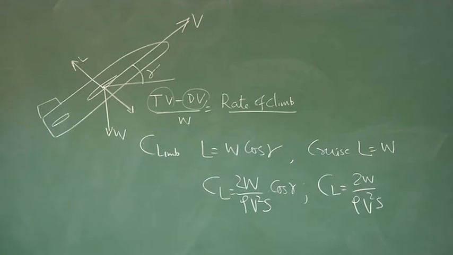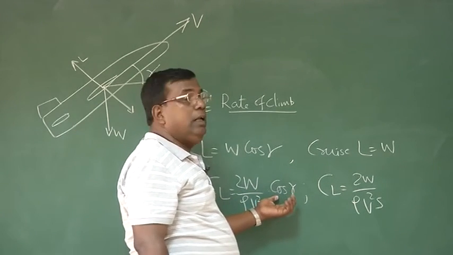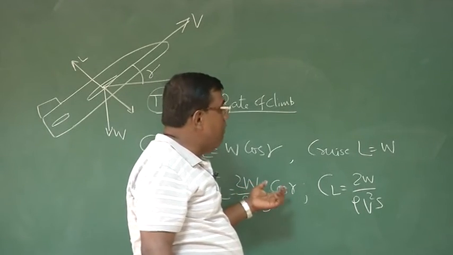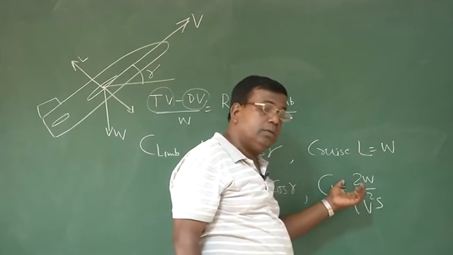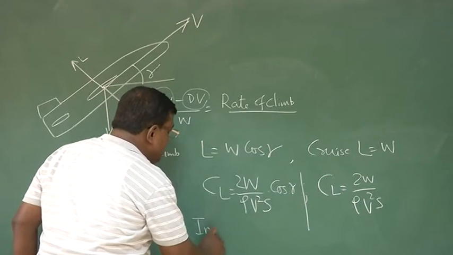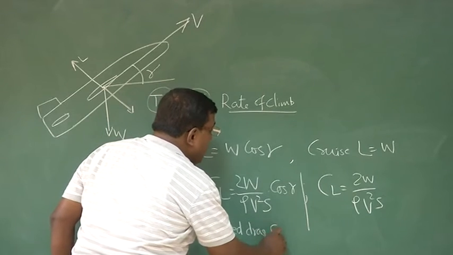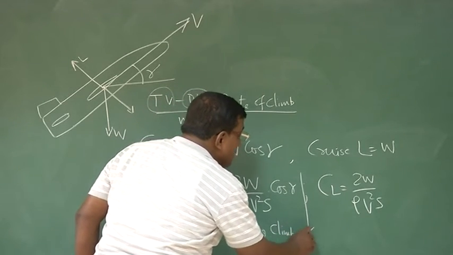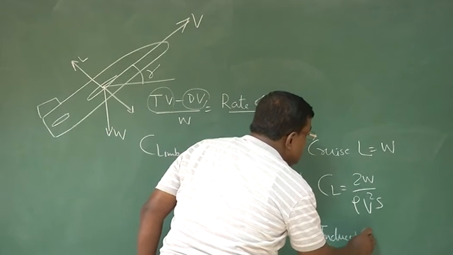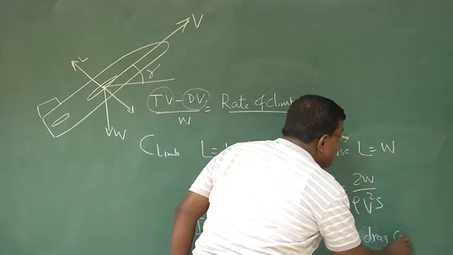So which one is greater? Since here there is a cos gamma, you could see clearly that CL during climb is less compared to CL during cruise, right? That means the induced drag for climb is less than induced drag for cruise.